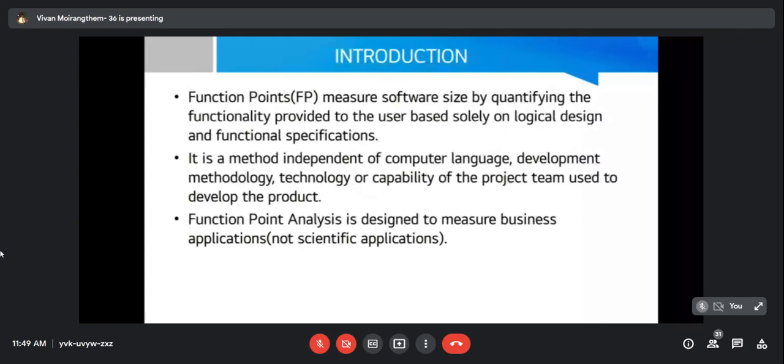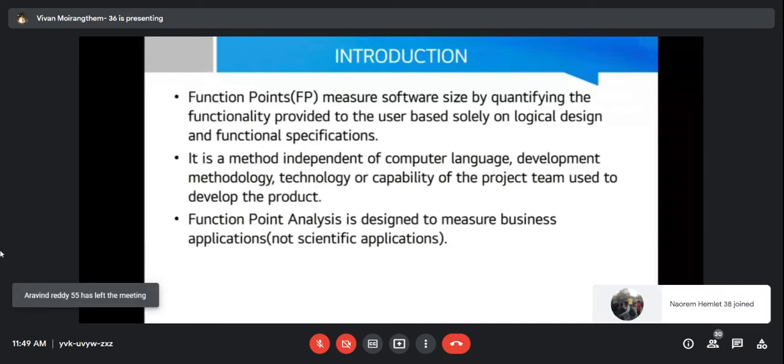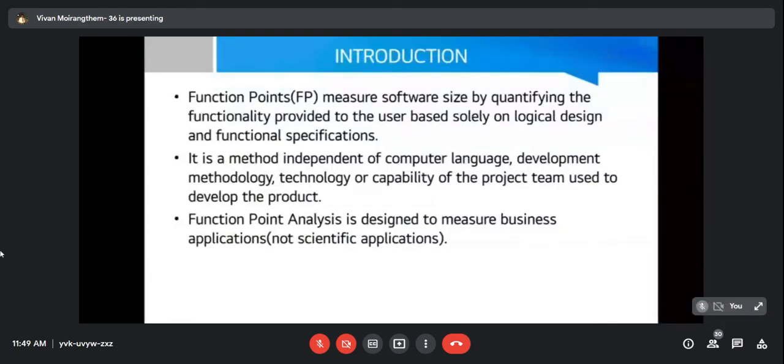So first of all, before jumping into solving problems, we'll look into what we are solving for, that is our function point. Based on the definition, function points measure software size by quantifying the functionality provided to the user based solely on logical design and functional specifications.